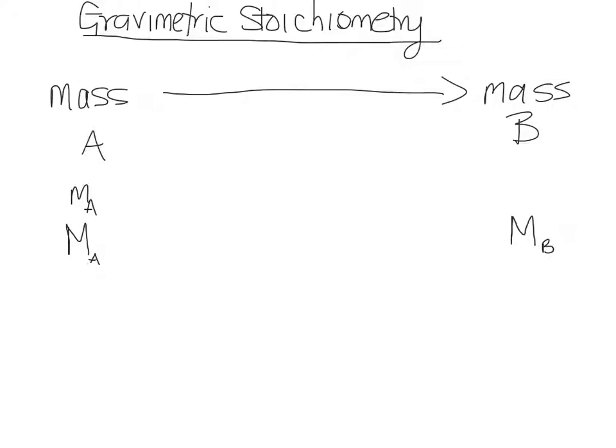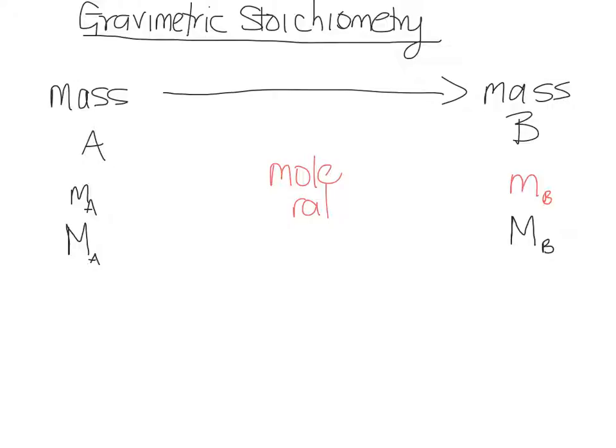So now we've got 3 pieces of information we know. We can use these to find the piece of information that we want, which was the mass of our second substance, substance B. A and B are connected by the mole ratio.